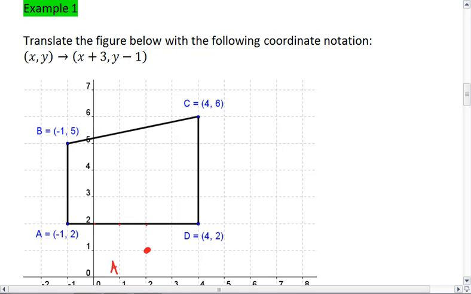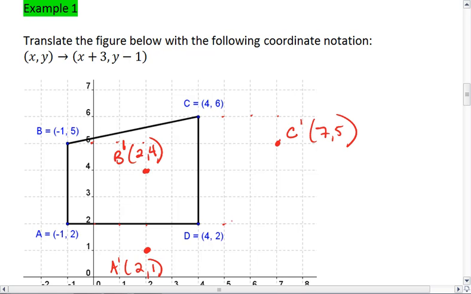This gives me A prime at 2, 1. If I look at B, I'm going to go right 3 and down 1. So I get B prime at 2, 4. C, same thing. I get C prime at 7, 5.